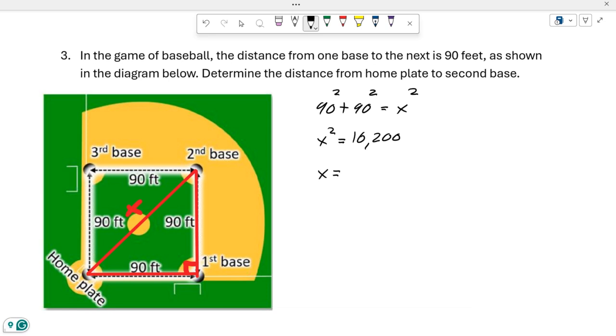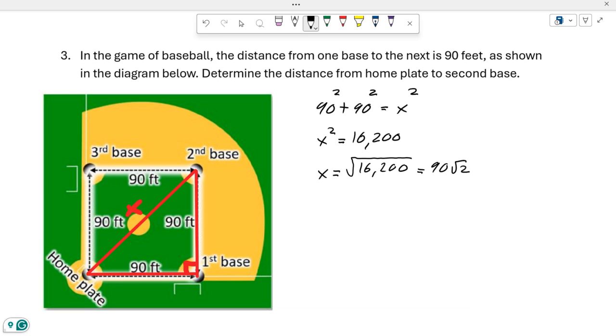So x is the square root of 16,200. Now, it turns out that this does simplify. It simplifies to 90 root 2.